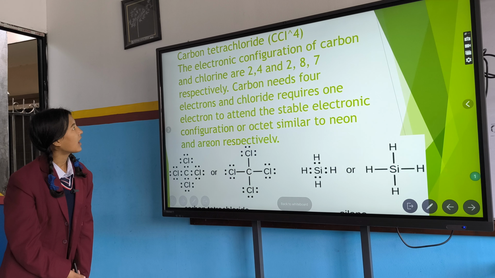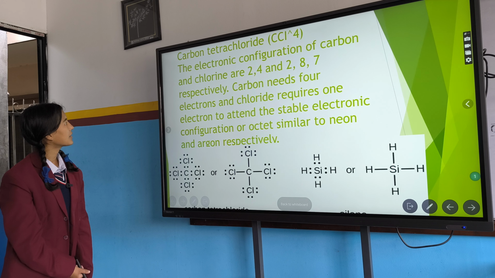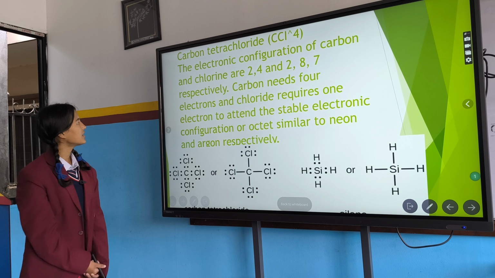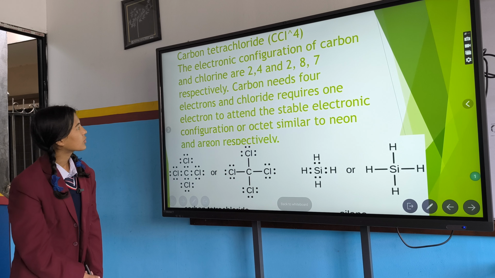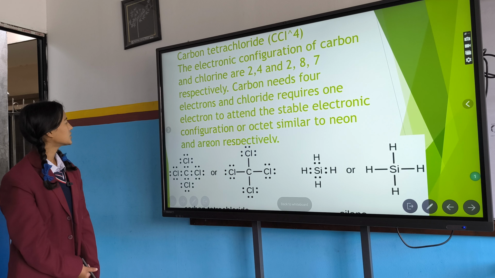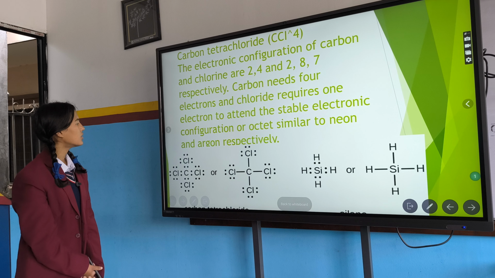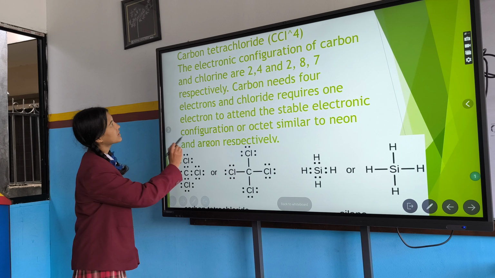Carbon tetrachloride. The electronic configurations of carbon and chlorine are 2, 4 and 2, 8, 7 respectively. Carbon needs 4 electrons and chlorine requires 1 electron to attain the stable electronic configuration or octet, similar to neon and argon respectively. You can see the figure of carbon tetrachloride.